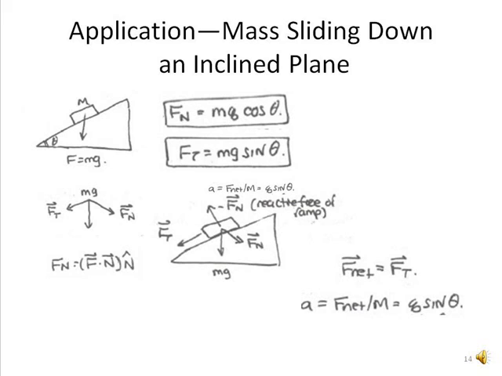By Newton's second law, acceleration is force divided by mass. Therefore, we see what we had already observed in the first lab in the course, which is that the acceleration equals g sine theta. Only now we've proven it through applying the concept of resolution of forces in combination with Newton's second and third laws.